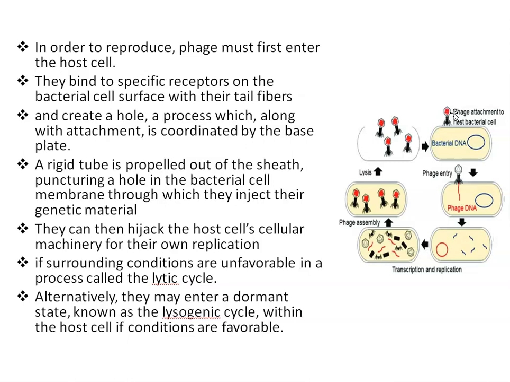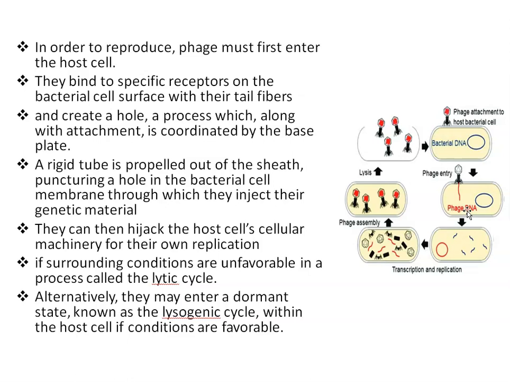Then a rigid tube is propelled out of the sheath, puncturing a hole in the bacterial cell membrane, through which the phage injects its genetic material. This is red in color, as you can see here.